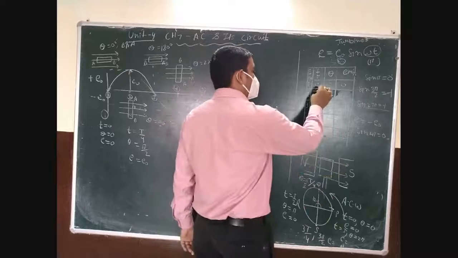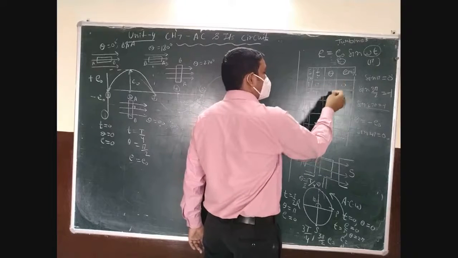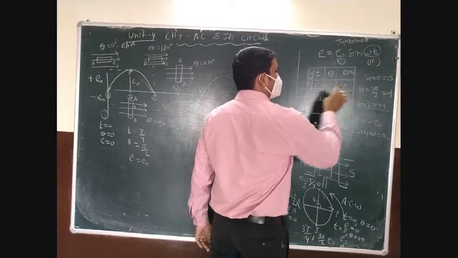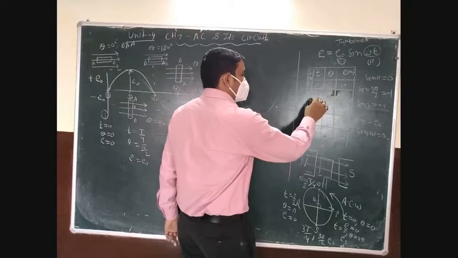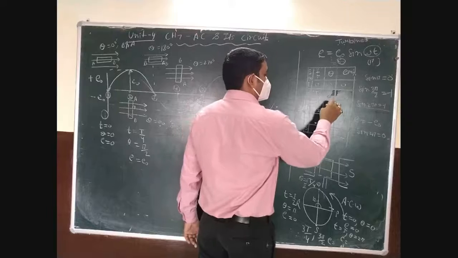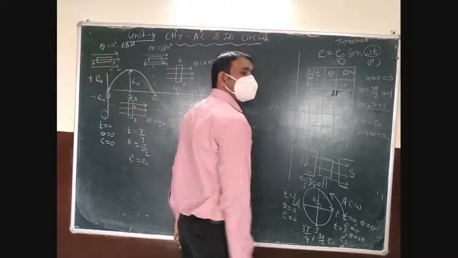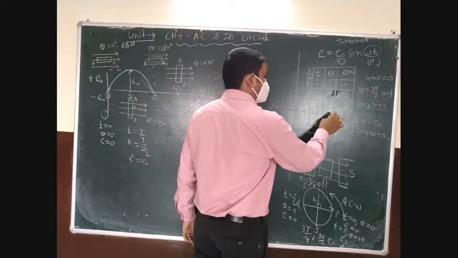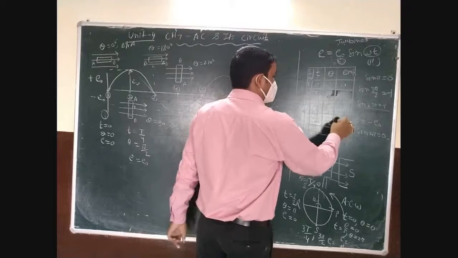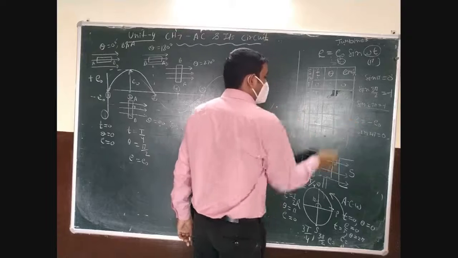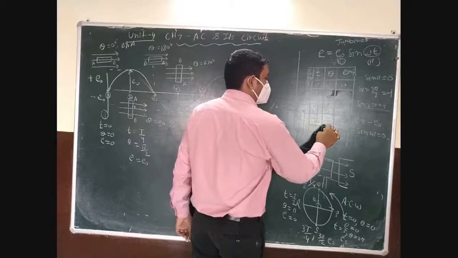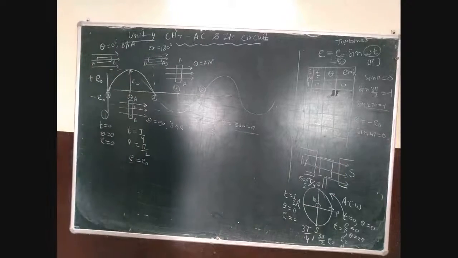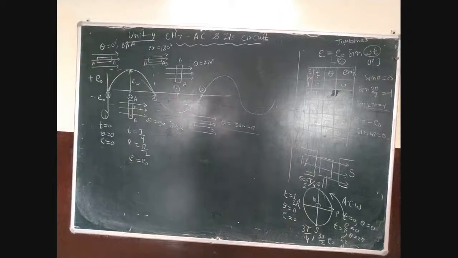When time becomes T by 4, the angle is pi by 2, and this is positive E naught. When time becomes T by 2, we get pi and this will be 0. When time becomes 3T by 4, we get 3 pi by 2 and this is minus E naught, and for time T this will be 2 pi and we get 0. This is all about your AC generator.